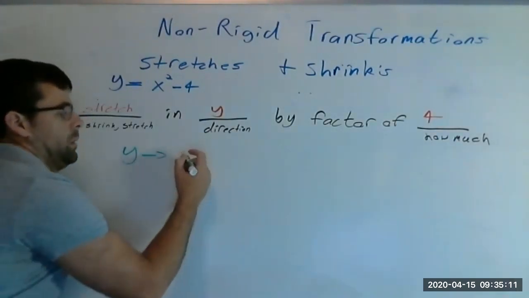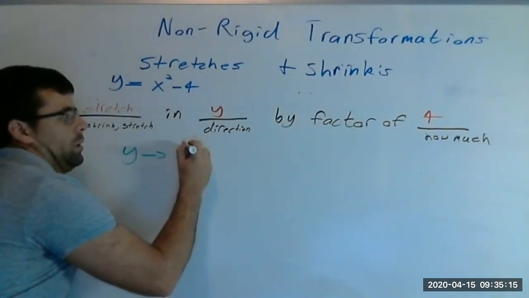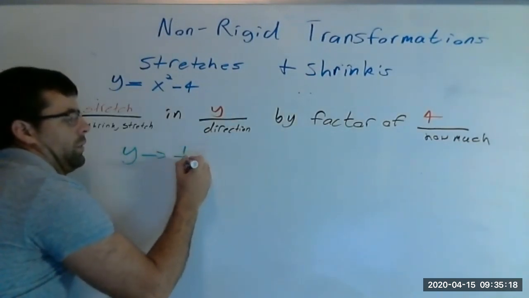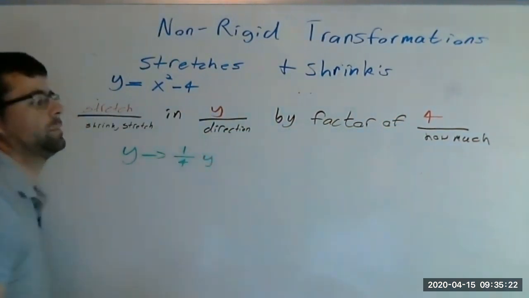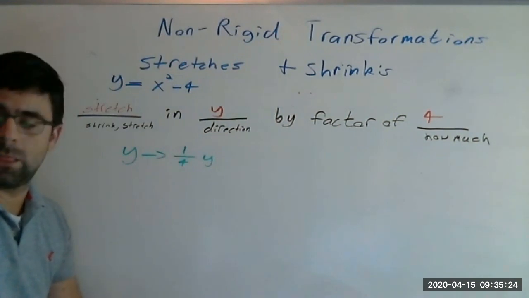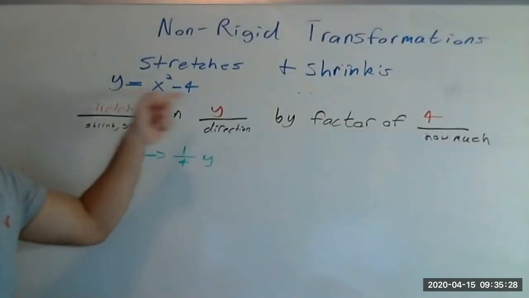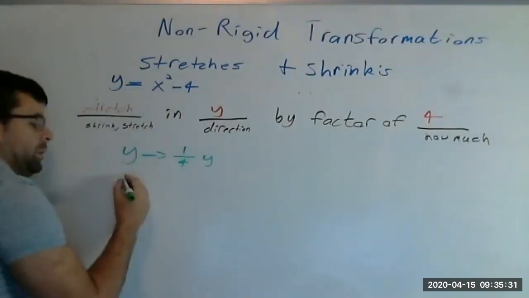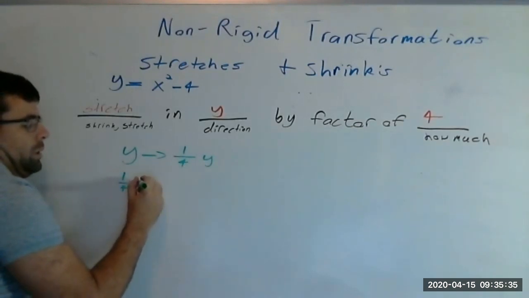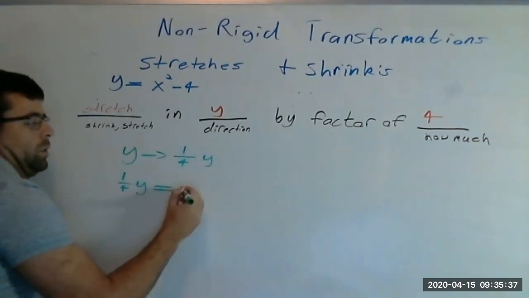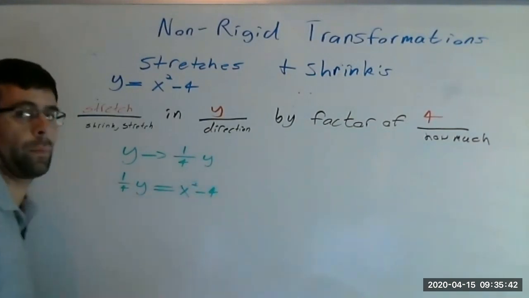So everywhere we see a y, we're going to go to 1 over 4 times y. So plug that in. So we have 1 over 4 y equals x squared minus 4.